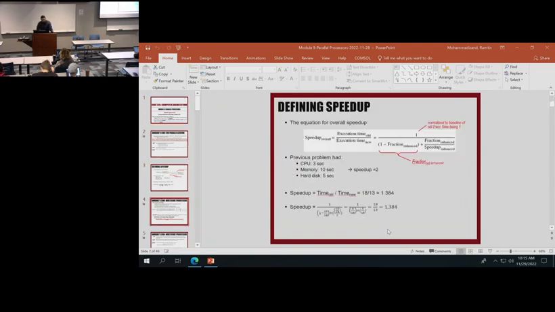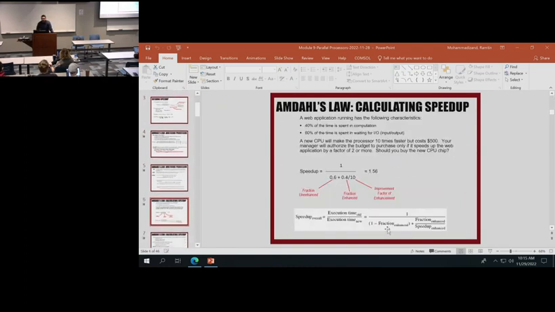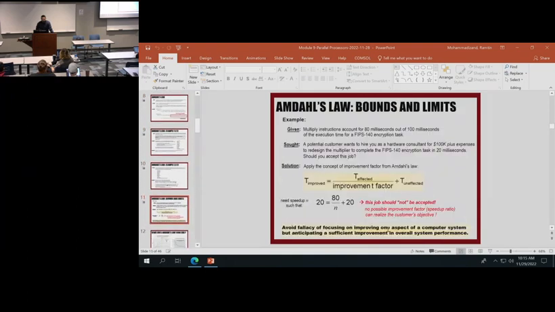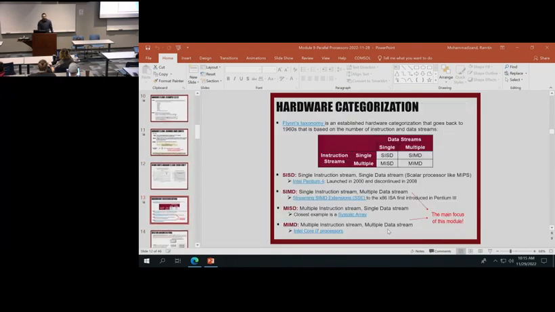So we covered Amdahl's law last time, and the whole point of using Amdahl's law was to emphasize that everything we say after this point about parallelization, we should always keep in mind how much of the workload can be parallelized, and how much of that can be improved.